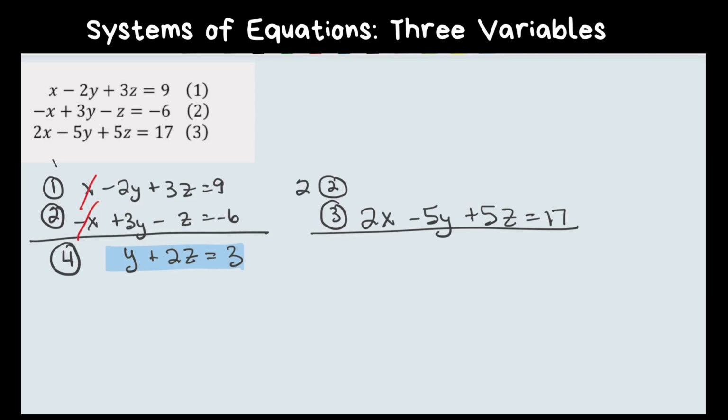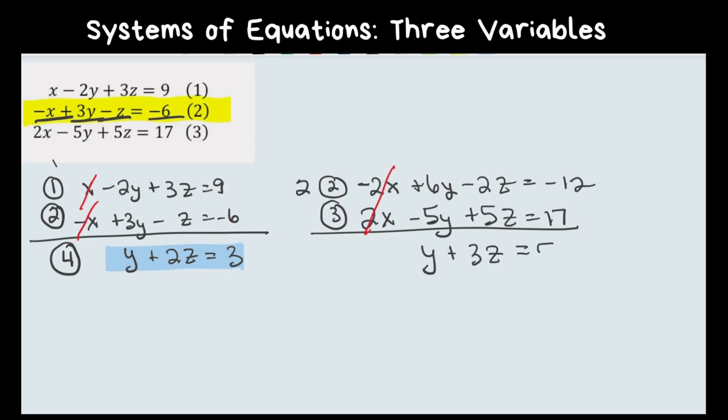So I'm going to run through this whole equation, multiplying everything by 2. -2x plus 6y minus 2z equals -12, because I multiplied by a +2. Okay, and I like it because now when I add, those are gone. Y plus 3z equals 5.